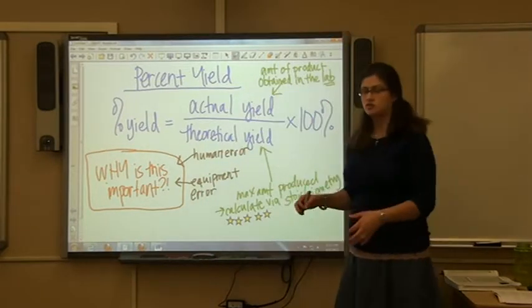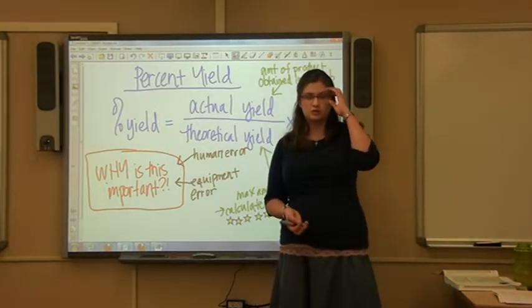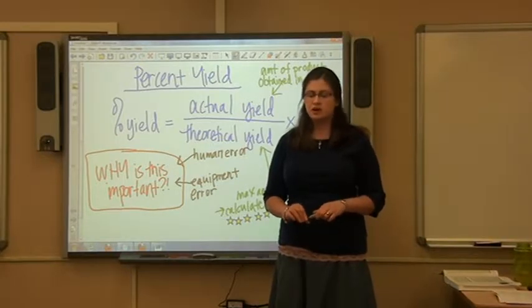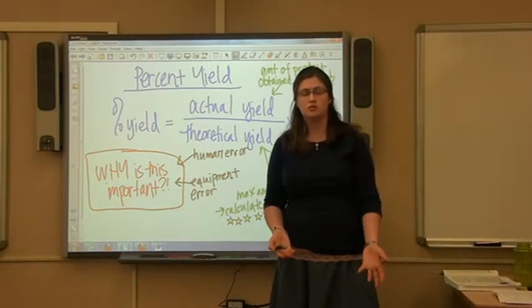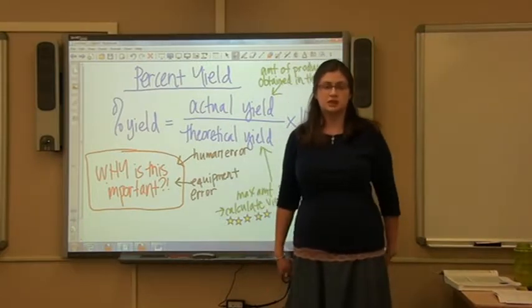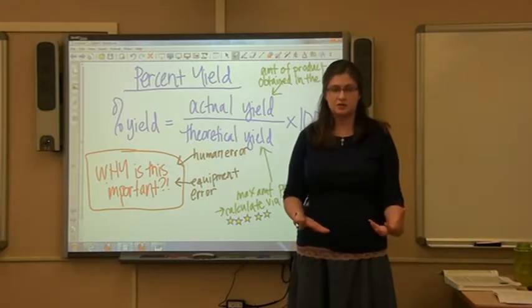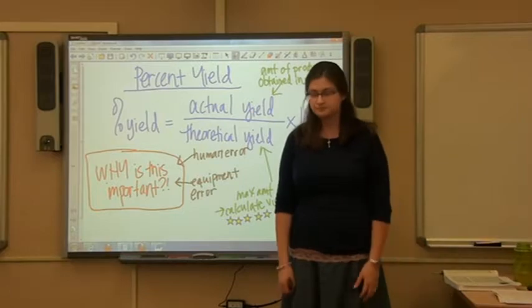All of those errors contribute to the fact that you're not always going to be able to produce 100% in a reaction. Sometimes, because energy or heat or gas is evolved in the course of your reaction, you're not able to capture all of those things that are emanating from your reaction vessel. That causes you to lose product as well.